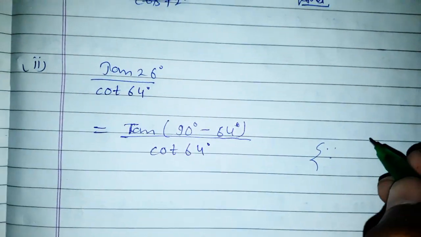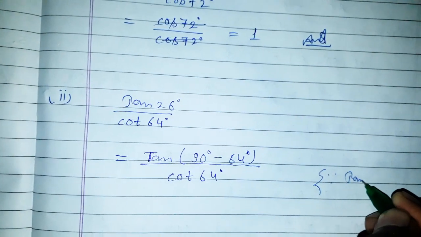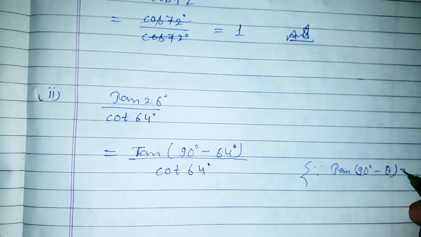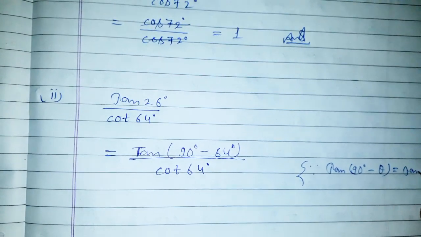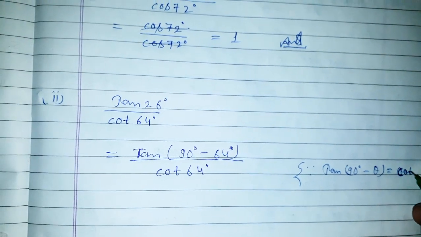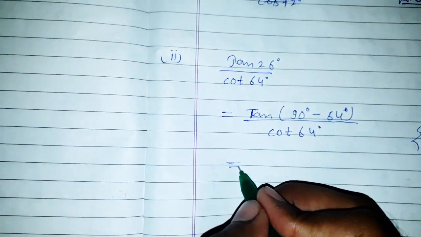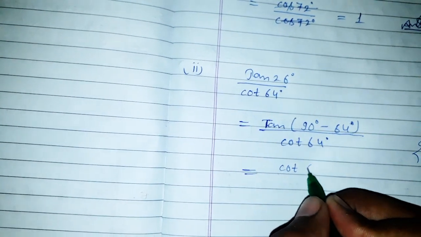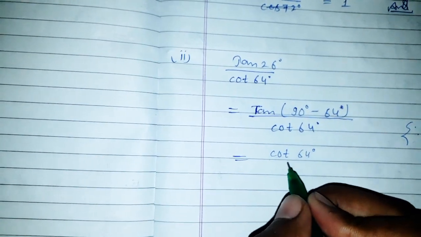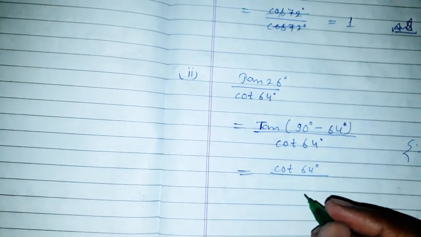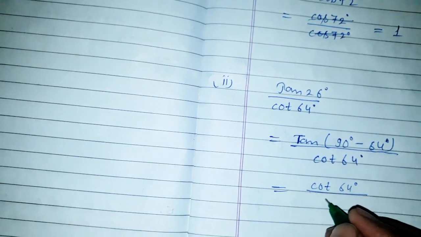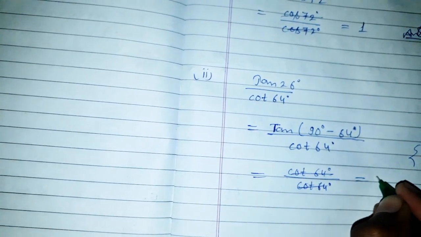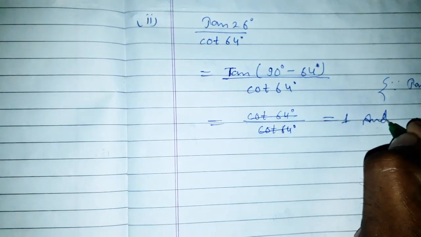Formula: tan(90 minus theta) is equal to cot theta. So this is cot 64 degree divided by cot 64 degree, so it cancels out, this is 1, and this is the answer.